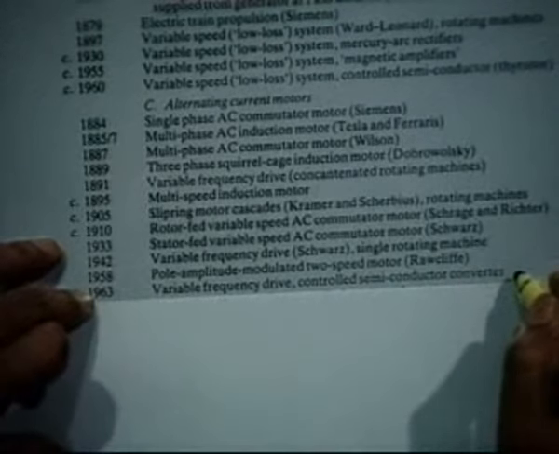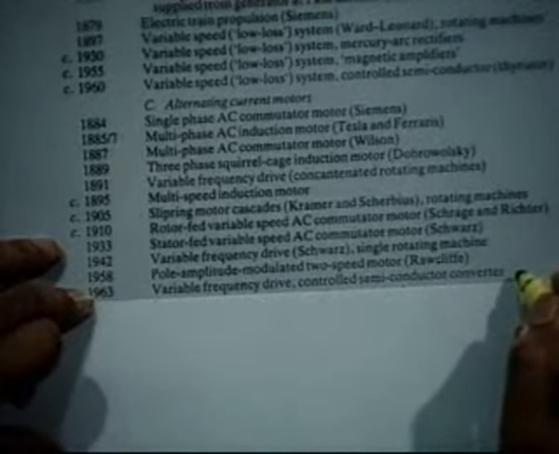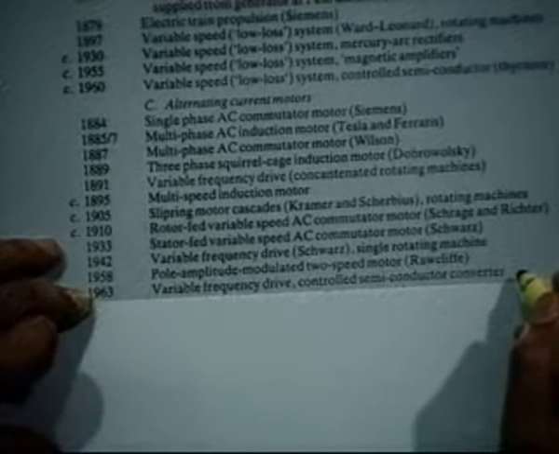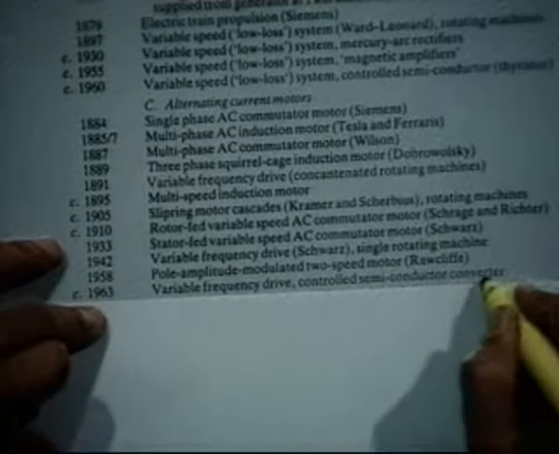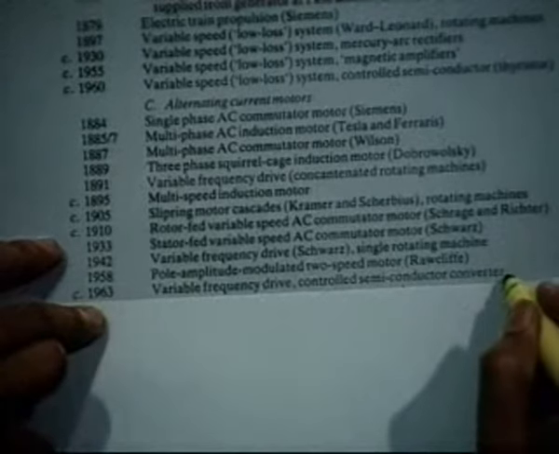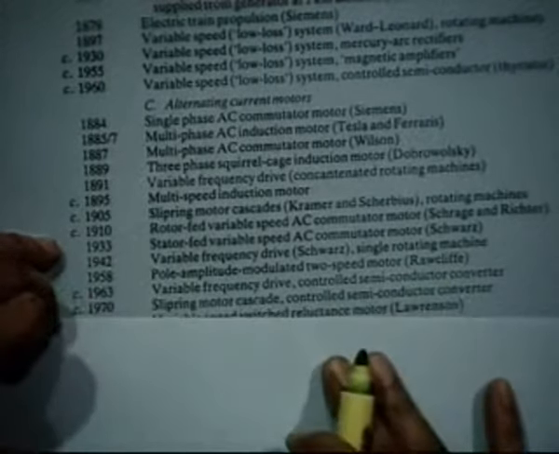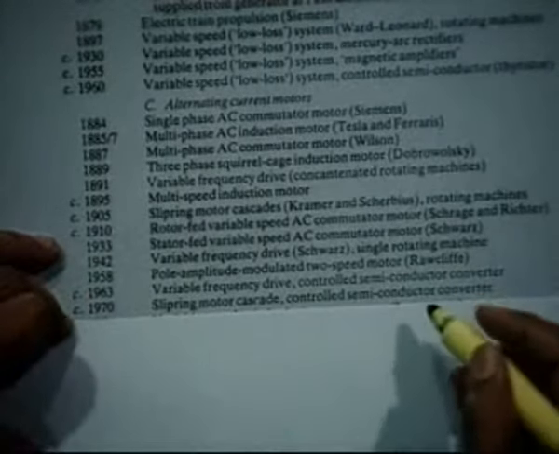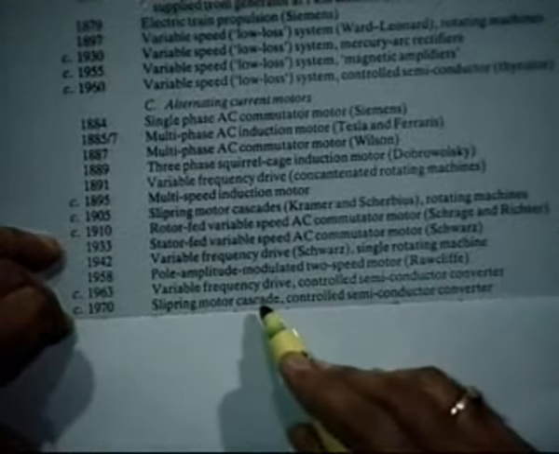Nowadays this has become a front runner in variable speed drives, where you control the frequency using semiconductor power electronic converters. And 1970 was the so-called slip ring motor cascade.